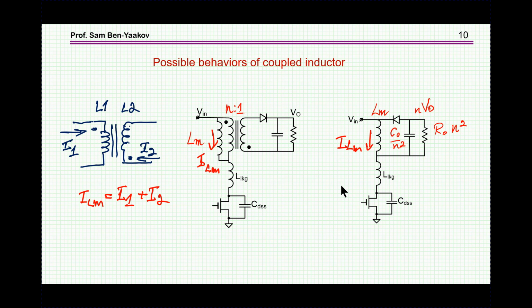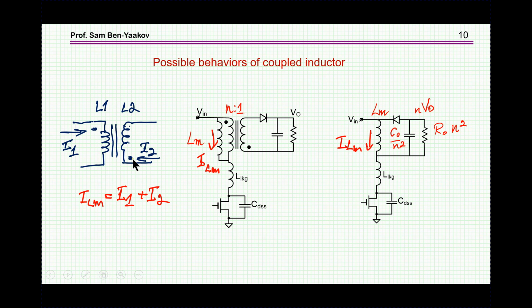One more point that I'd like to clear up, because we are going to need it, is the currents in a structure like this. This is again a coupled inductor. This is the inductance, and this is the ideal transformer. Now in a coupled inductor, the energy stored depends on the current coming in. The equivalent inductance of this structure carries the current of the primary plus the current of the secondary.